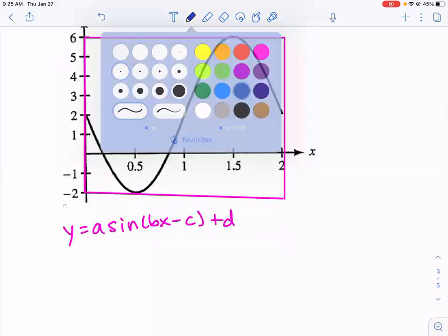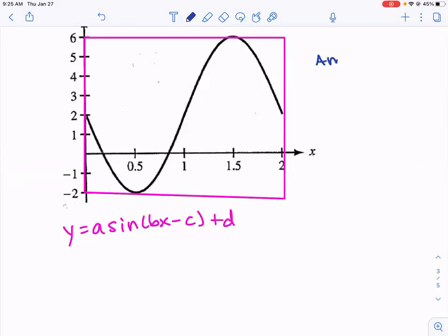So let's talk about our amplitude. Now this frame, we've shifted up a little bit. So I want you to think about the total height from -2 to 6. How great of a distance is that? 8. So our amplitude is 4.